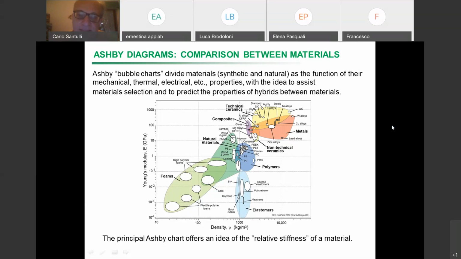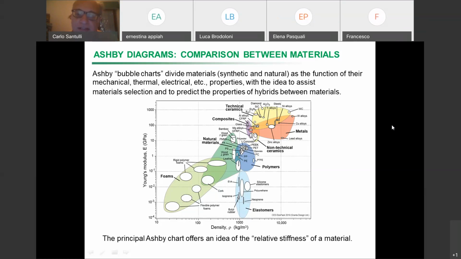We are not discriminating natural materials with respect to engineering materials, also because we have used and we still use a number of natural materials. Think of silica, for example, which is a form of glass, or clay, and so on.